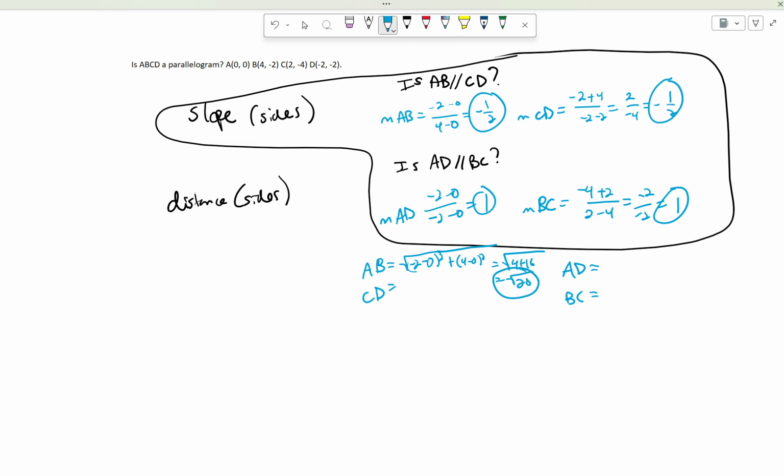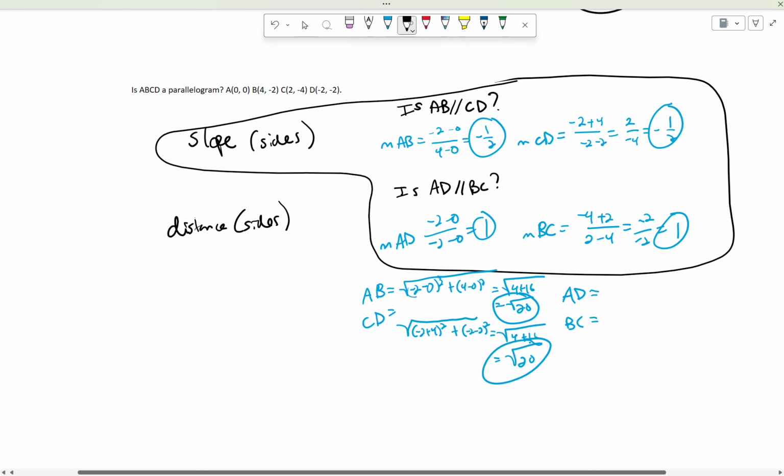CD is going to be -2 minus 4 or plus 4, and -2 minus 2 squared, which is going to be 2 squared, which is 4, and negative 4 squared, which is 16, which is rad 20. Okay.